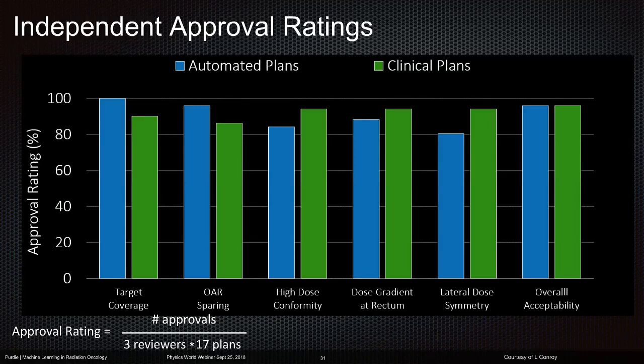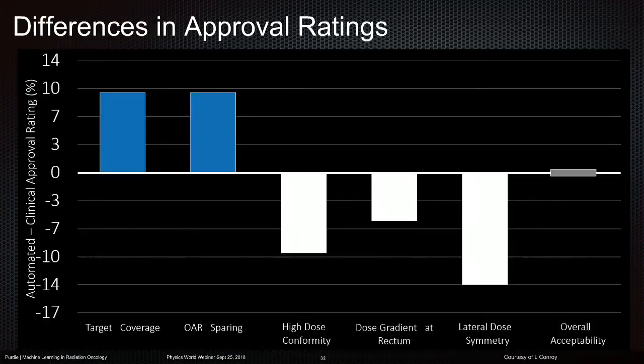And we can see here that they're all really high across the board. The automated plans are in blue and the clinical plans are in green. This becomes a little bit easier when we start looking at the differences. So this is the same data from the previous graph, just looking at differences. What we really found was that automated plans were deemed to have a higher approval rating from the reviewers, again independently, for both target coverage and OAR sparing.